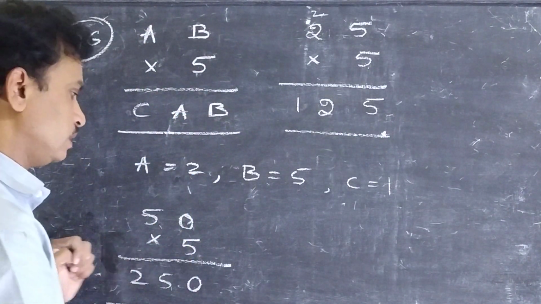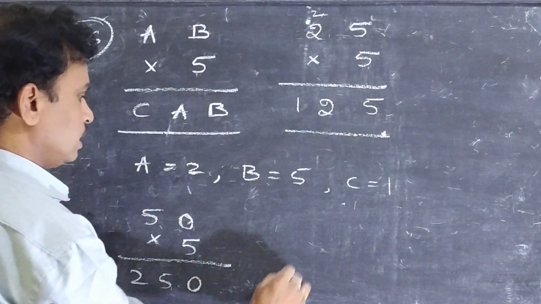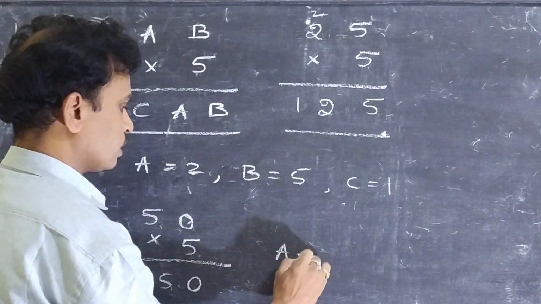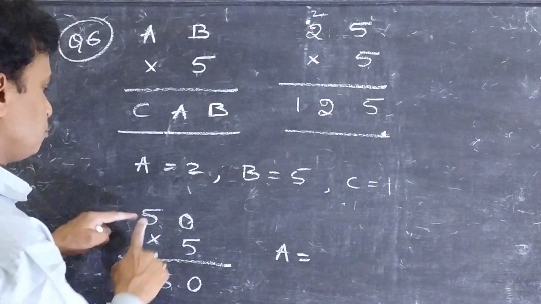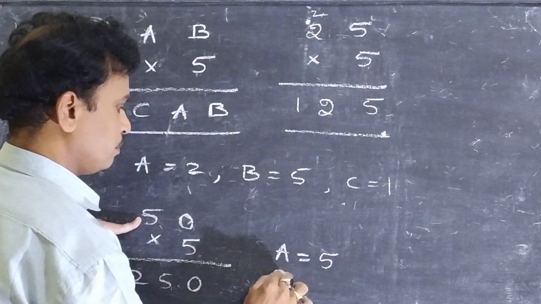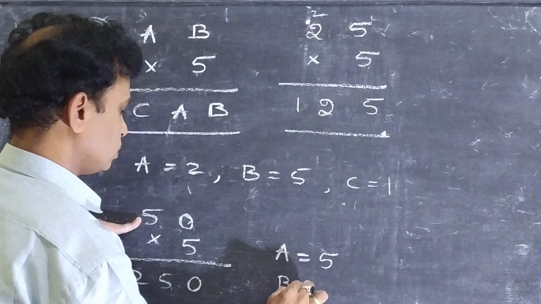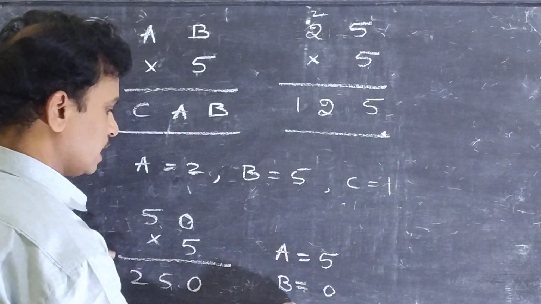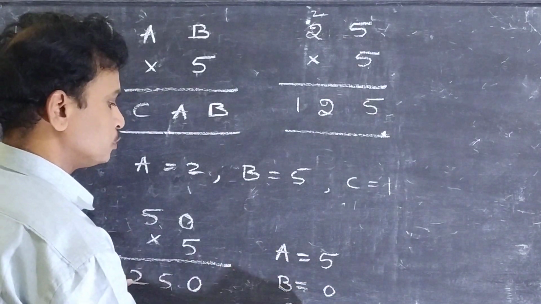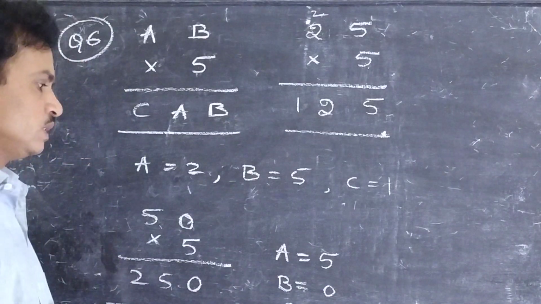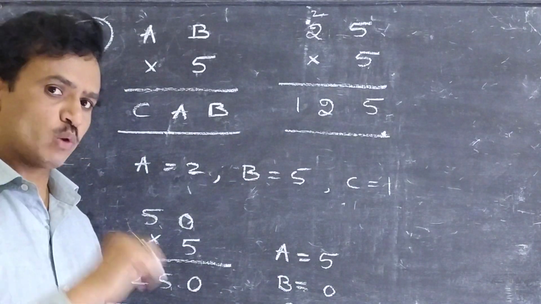That means this is also one possible. A is equal to 5. Then B is equal to 0. Then C is equal to 2.